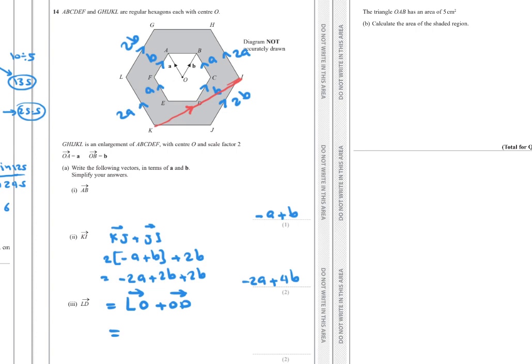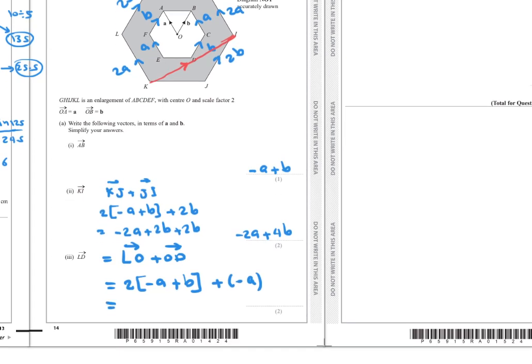So LO equals 2 into negative A plus B. For OD, it is the same as AO, which is negative A. So OD is negative A, so plus negative A. Now simplify. So negative 2A plus 2B minus A. So equals negative 3A plus 2B.